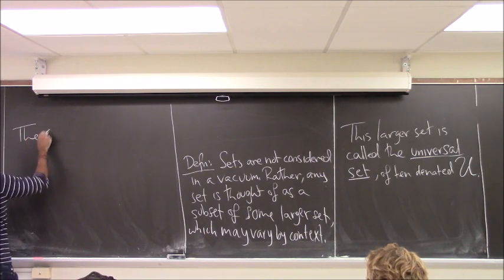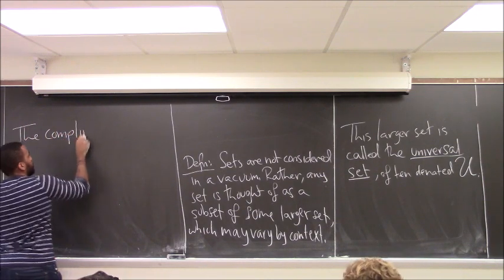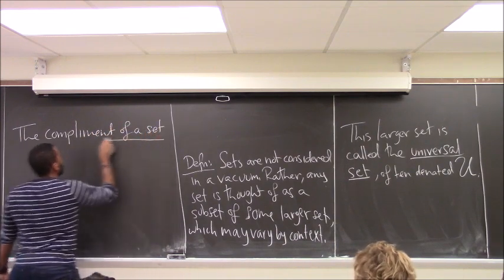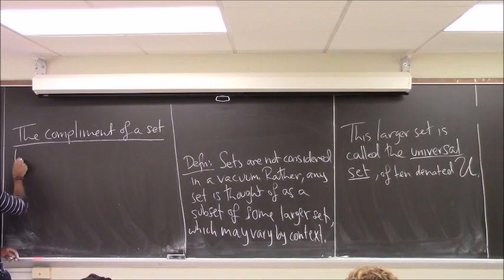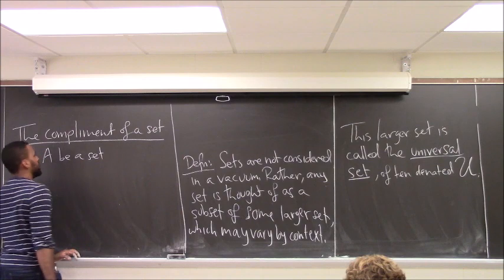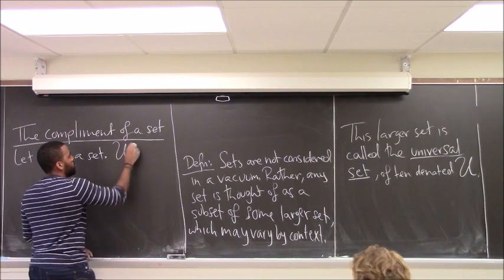The complement of a set. Let A be a set, let U be the universal set.